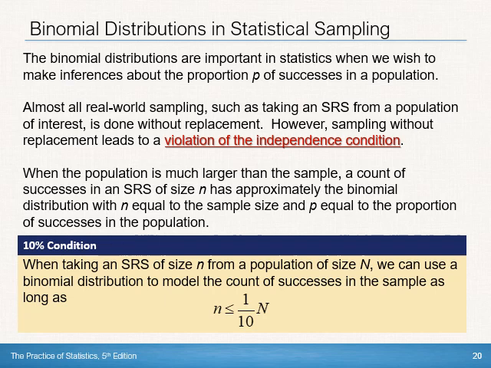Otherwise, if we're not replacing, then we are violating the independence condition, but our calculations are not going to be off so much that we have to worry about it, so long as we're not sampling more than 10% of our population. So n, the size of our sample, should be less than or equal to 1/10 of the population size.